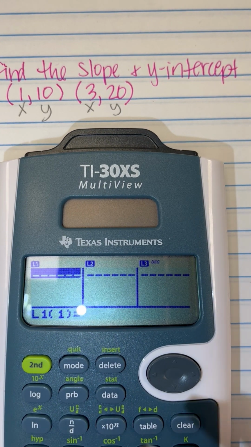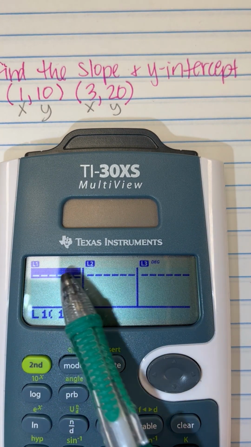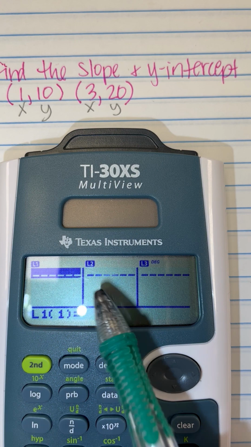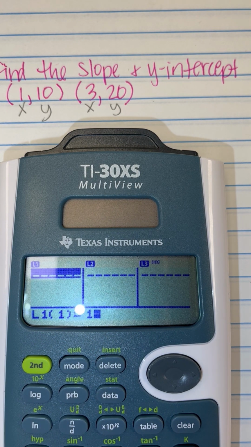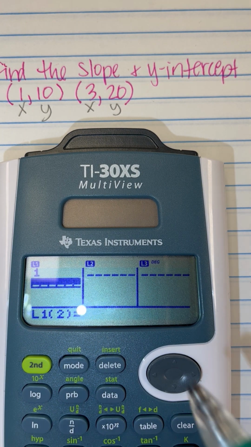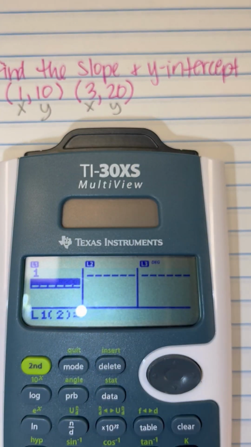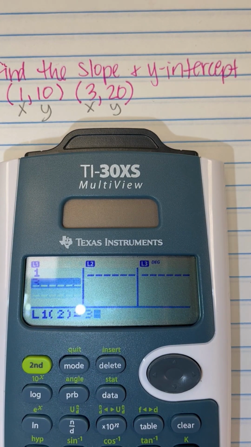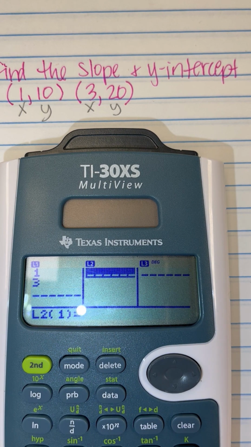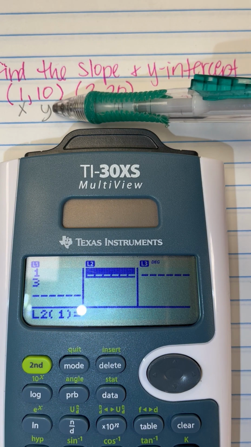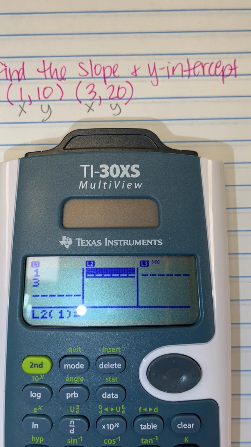So I can put my x values in the x column and my y values in the y column. So here we go. 1, enter. Then my other x, I have to jump over to this one. 3, enter. I only have 2 points, so I go over to my second column. Just make sure you get the points to match up. 10 goes with the 1, 10, enter. And then 20 goes with the 3, 20, enter.